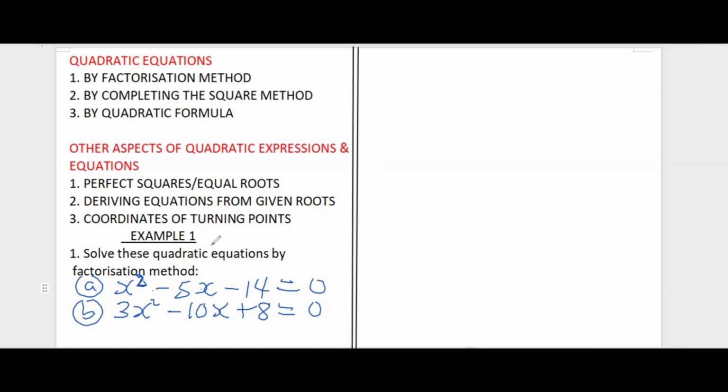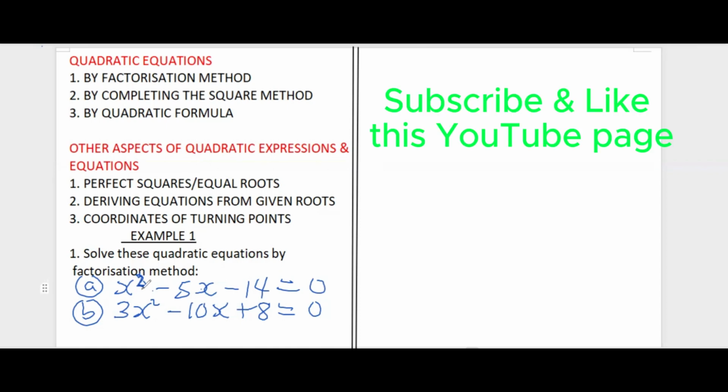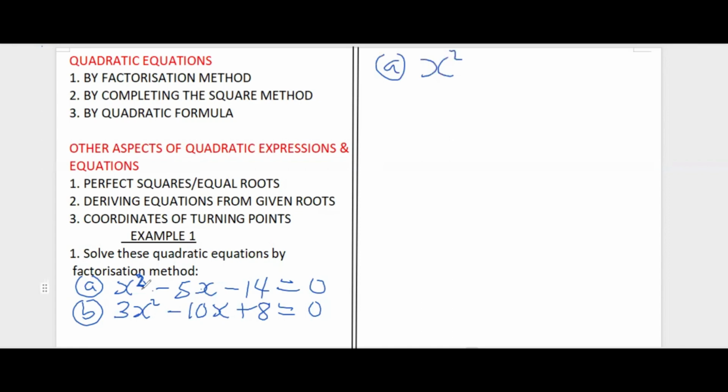First, let's begin with example 1. Solve these quadratic equations by factorization method. So we want to solve the first one, which is x squared minus 5x minus 14 equals 0, by factorizing.